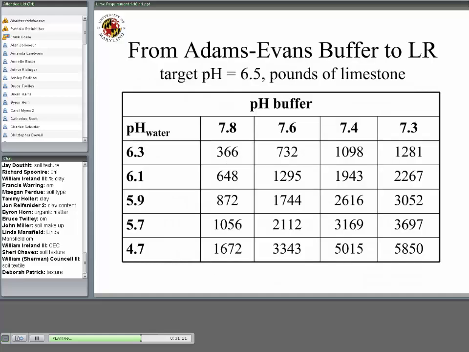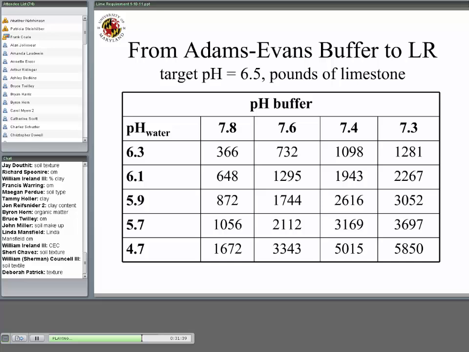Okay, now the Adams-Evans buffer is a little bit different. This is the table for a target pH of 6.5 only. And to use Adams-Evans, you need to know two things: the pH of your soil measured in water, which is what's typically reported on a soil test report, and also the pH of the buffer.